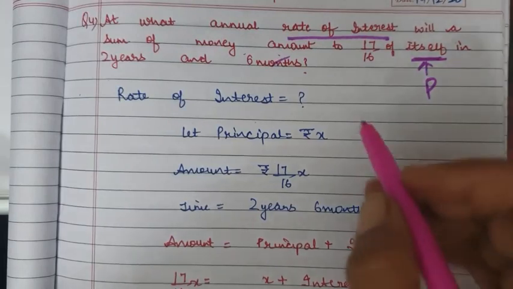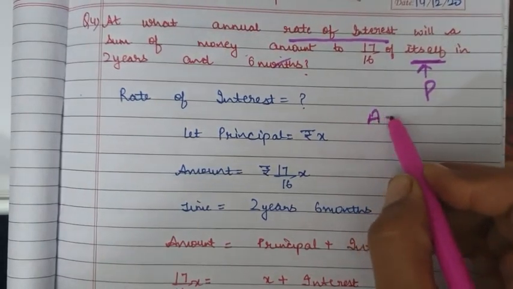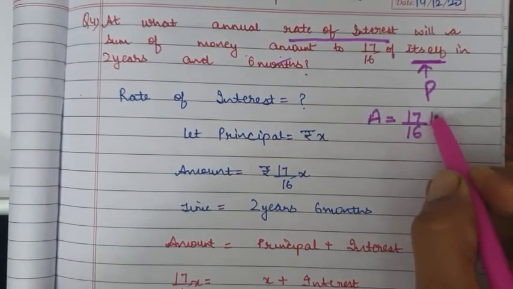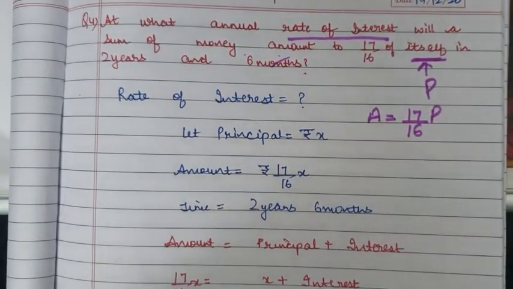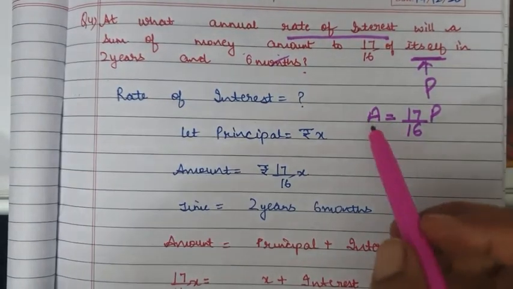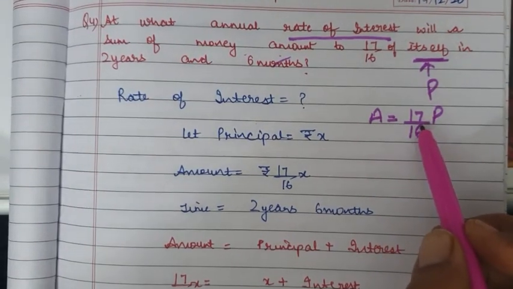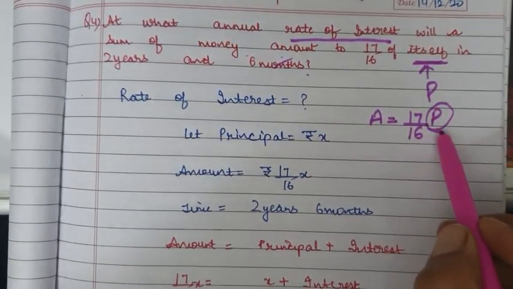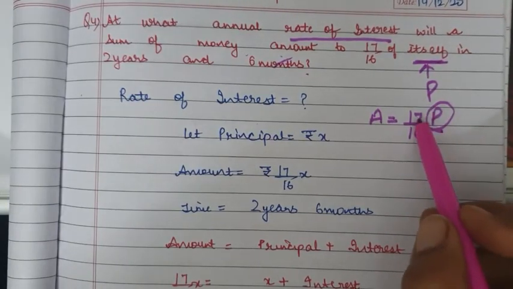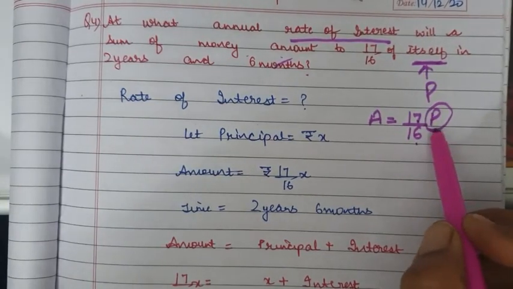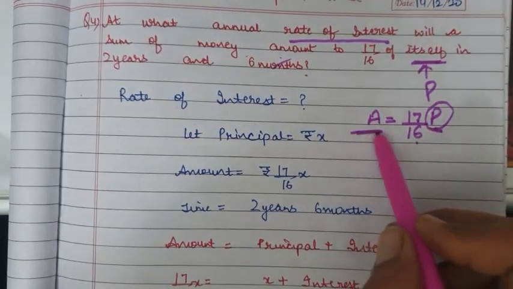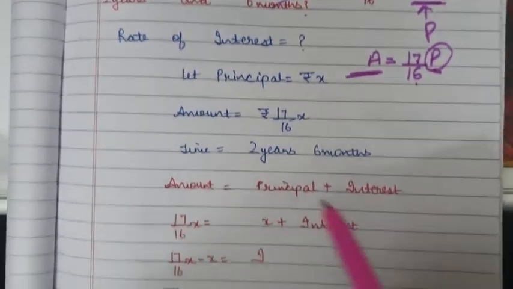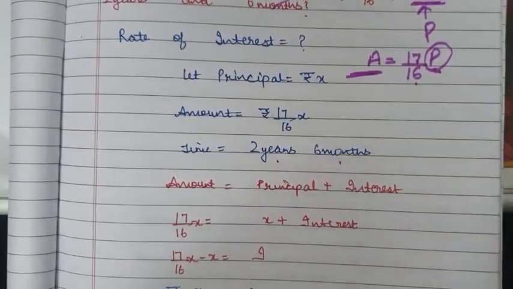So it means amount is equal to 17 upon 16 of itself. Clear? If 17 upon 16 of itself is done, we get the amount. And the time is given to you, 2 years, 6 months.